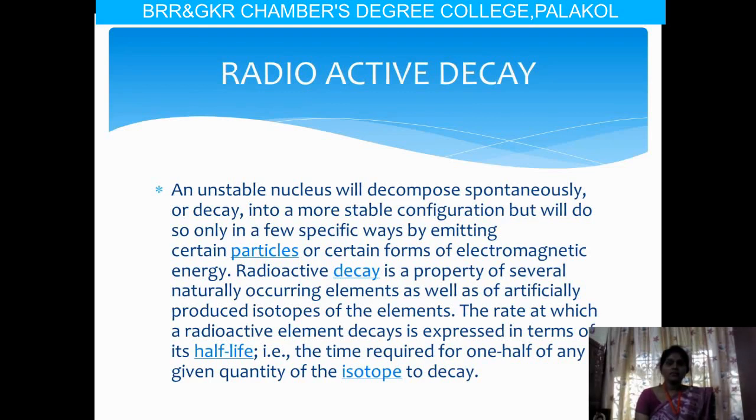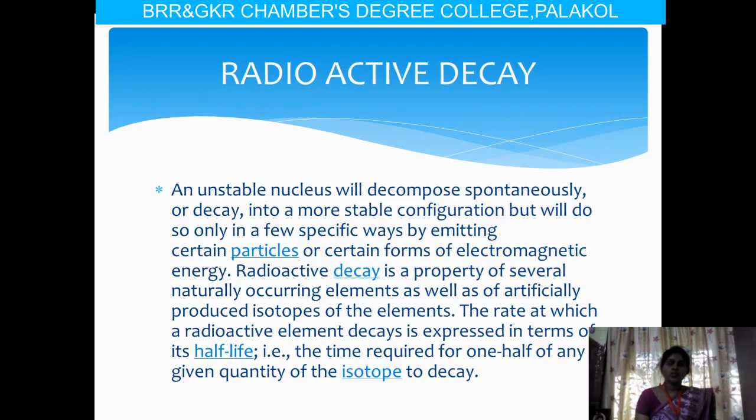So here we have to know what is meant by radioactivity. An unstable nucleus, and what does unstable mean? Having the proton number increased or the neutron number increased, meaning the proton and neutron ratio is not equal. That is called an unstable nucleus.